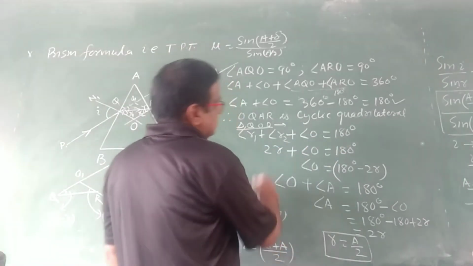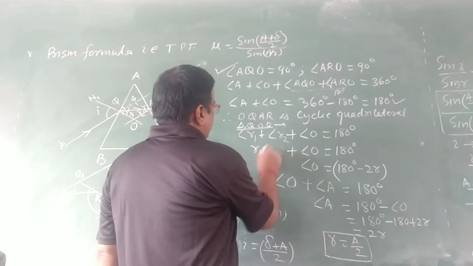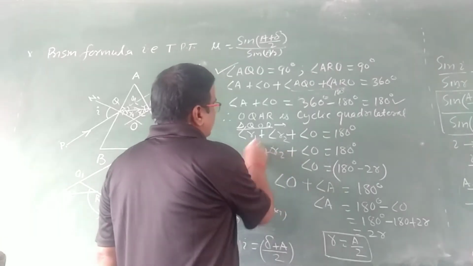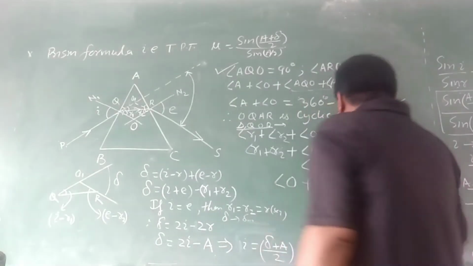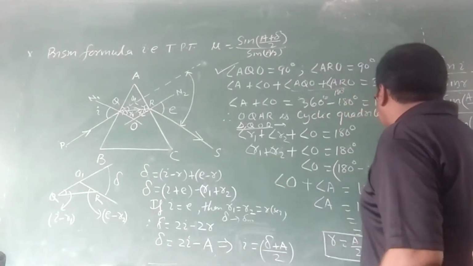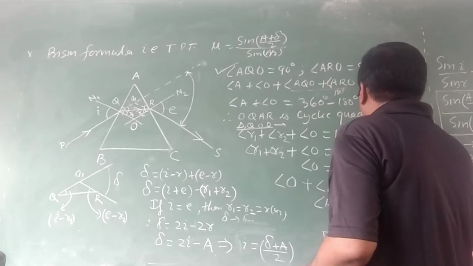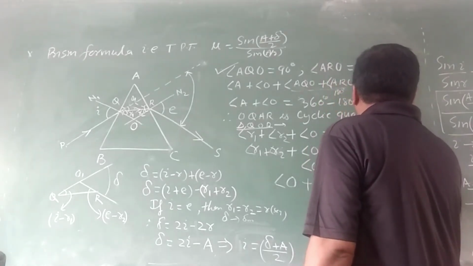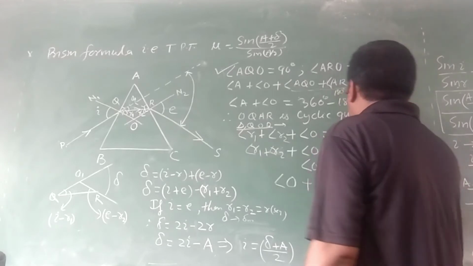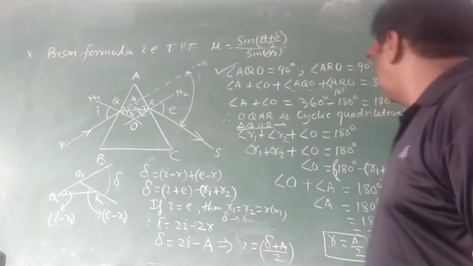So we can write angle R1 plus angle R2 is equal to 180 degrees minus angle O, and therefore angle O is 180 degrees minus (R1 plus R2).